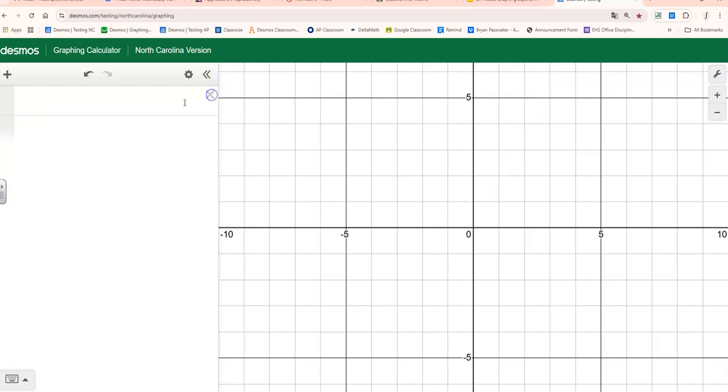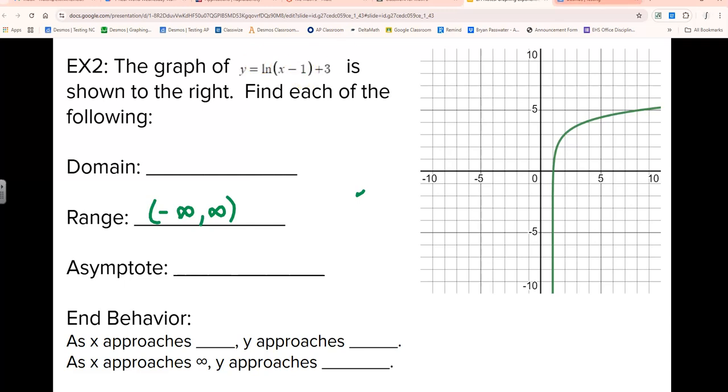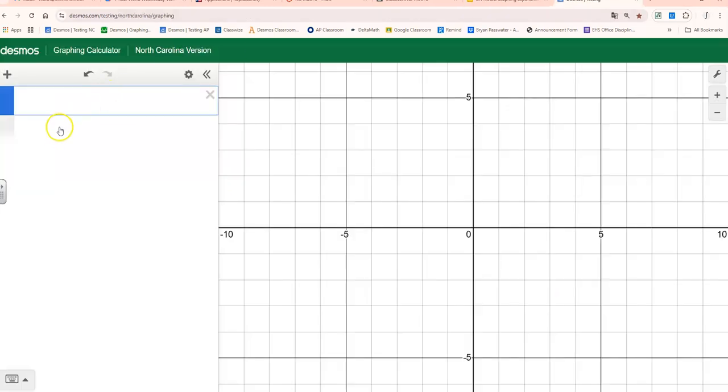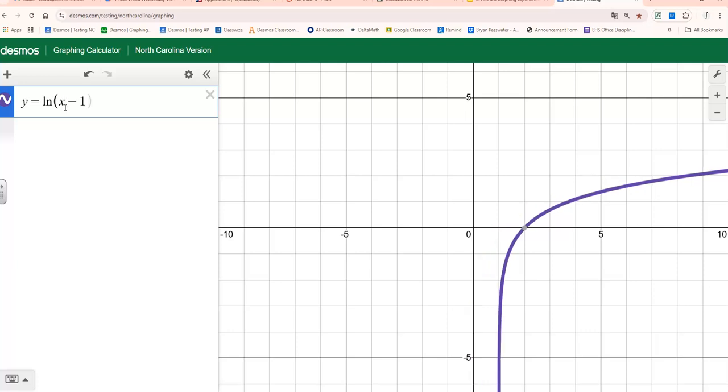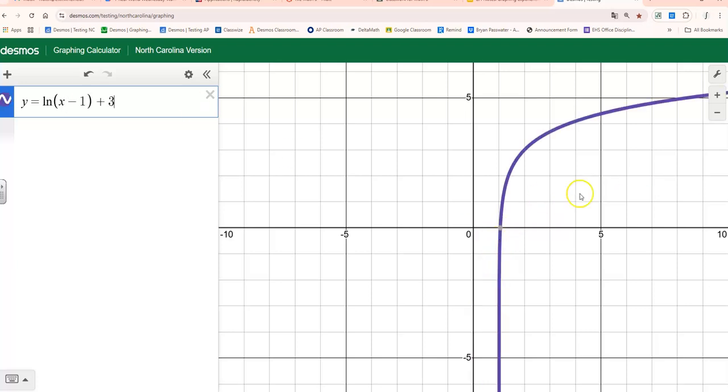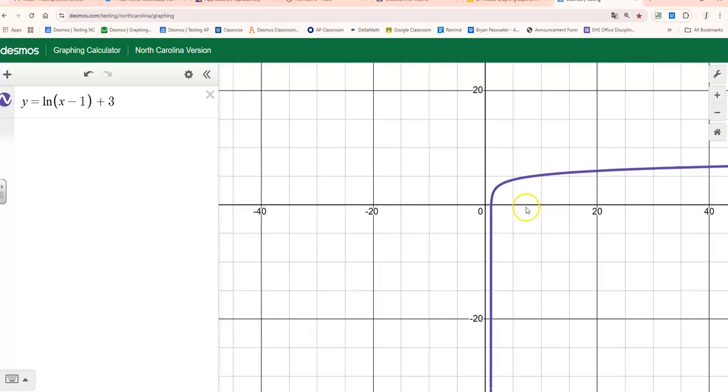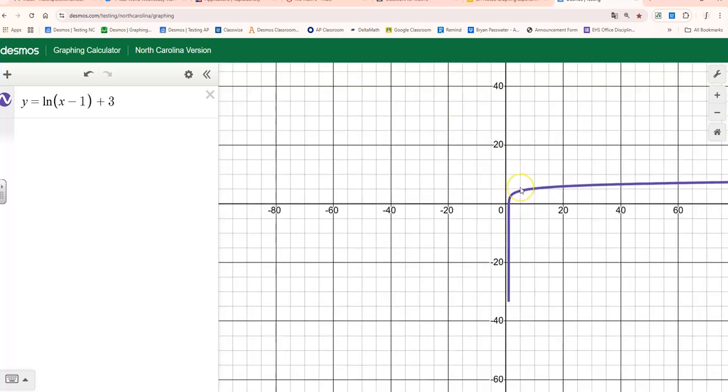Like if I graph this one, I've got natural log of x minus 1 plus 3. Be careful, like if you zoom out, this looks like it has a horizontal asymptote. Logs don't have horizontal asymptotes. That is still going up a little. Also, when you zoom out on Desmos, logs are going to look like they stop.